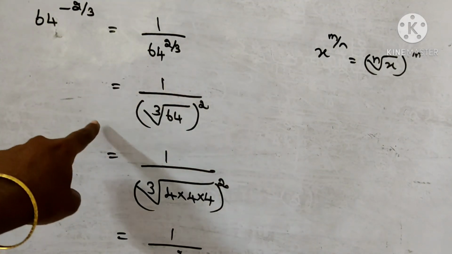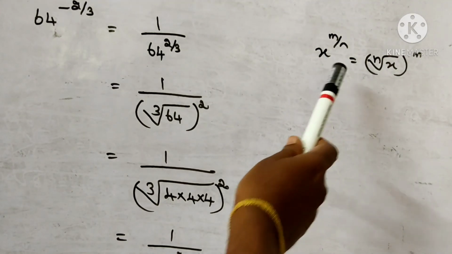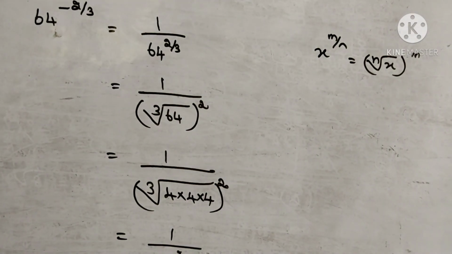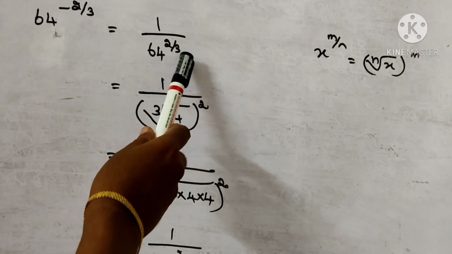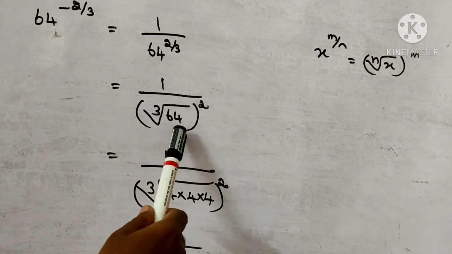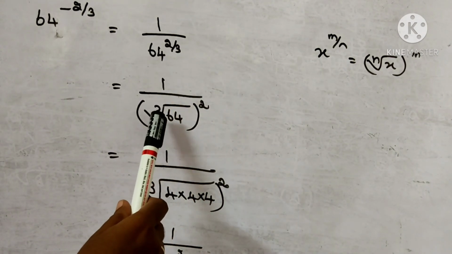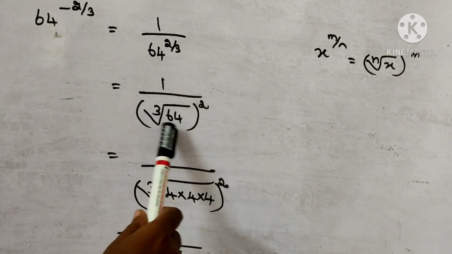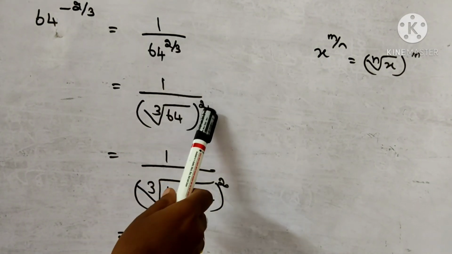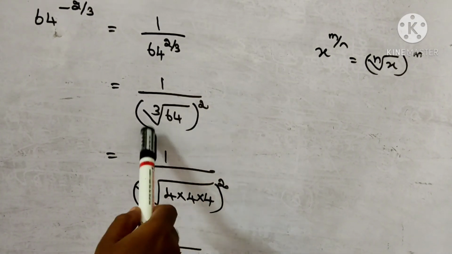Using the result, 64 power 2 by 3 is the cube root of 64 the whole square. The denominator is the index, so it's the cube root of 64, where 64 is the radicand and the exponent is 2.